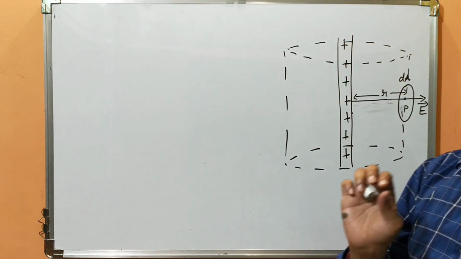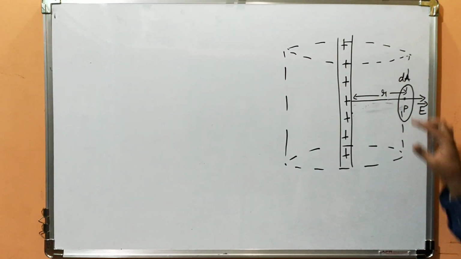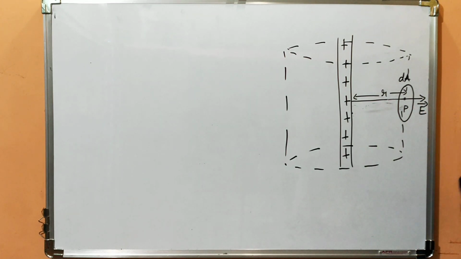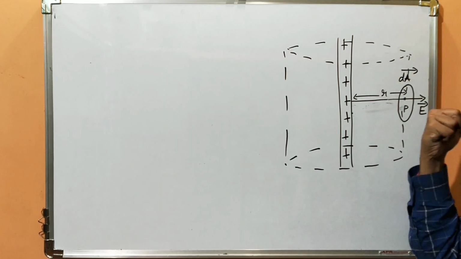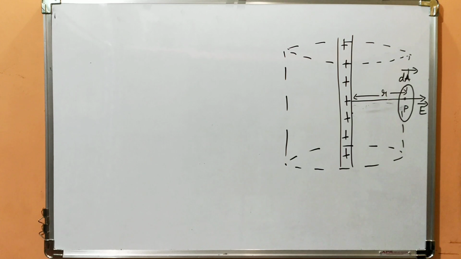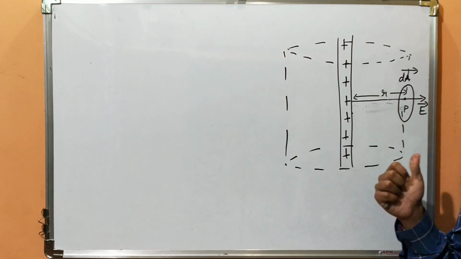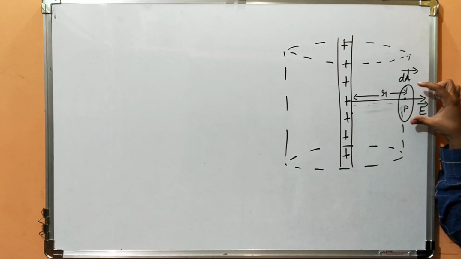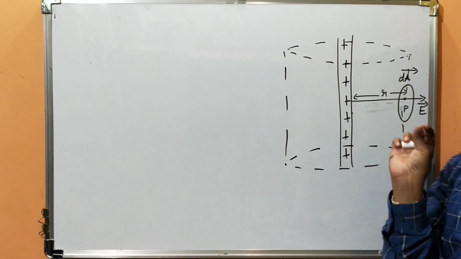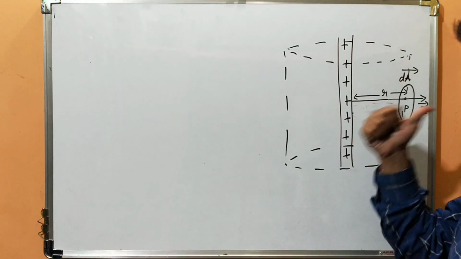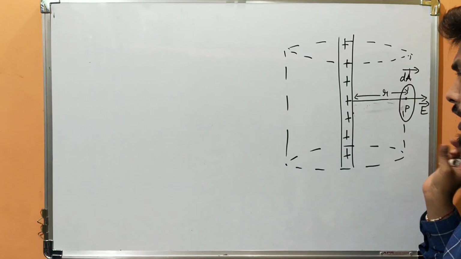So total area will be A. Small portion resembles dA. Now come on, you tell me, if this is the surface area, where will be the area vector? It will be in this direction only. The area vector will be perpendicular to the surface of the conductor. Yes or no, students? So dA is my area vector, which is perpendicular to the surface of the conductor.